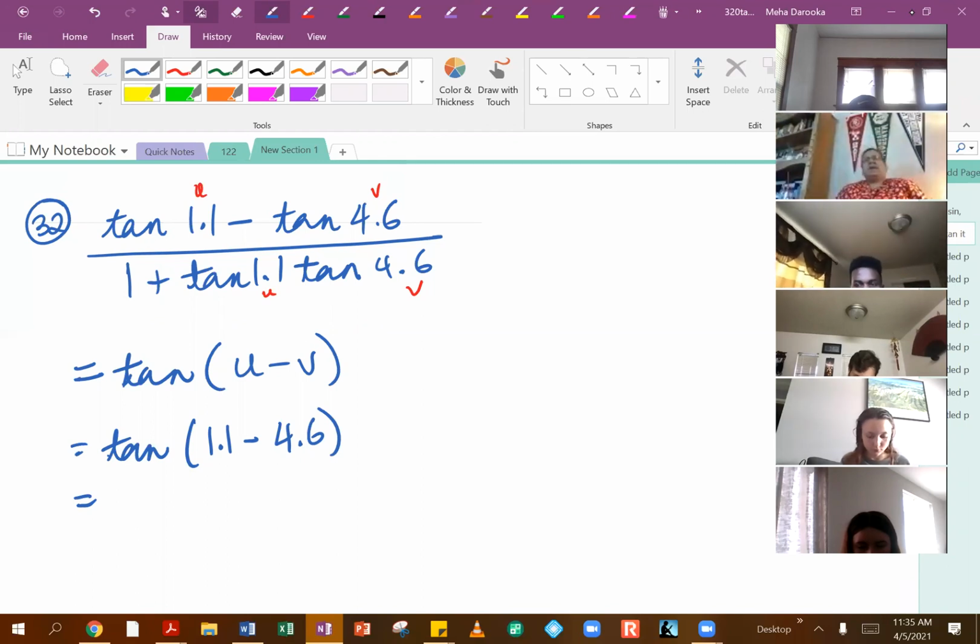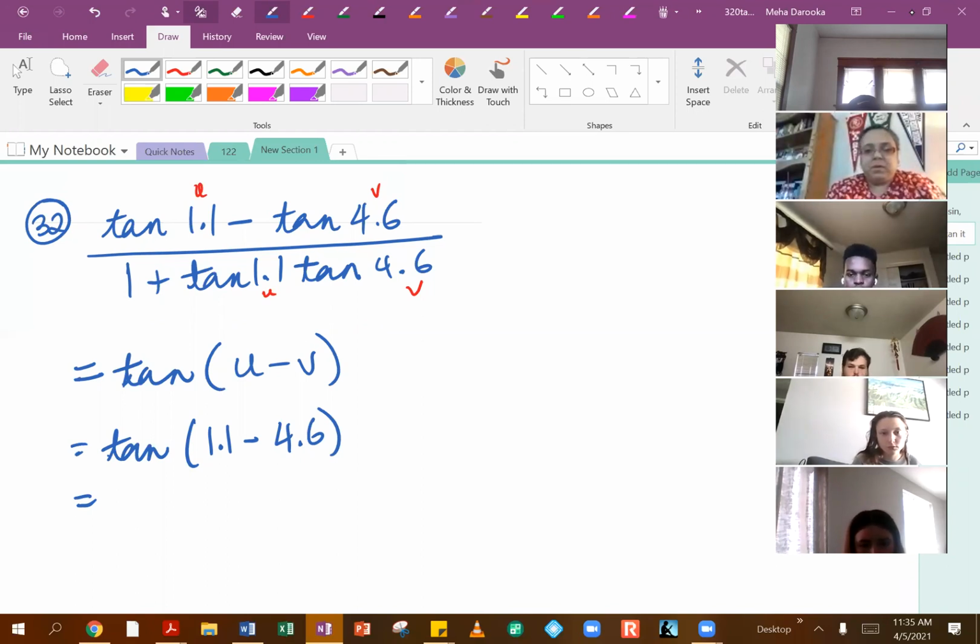And is tangent an odd or an even function? Okay, very nice, Alicia. It's odd. And we don't leave our answer in this format because this is not our final answer. What's our final answer going to look like for this function here?